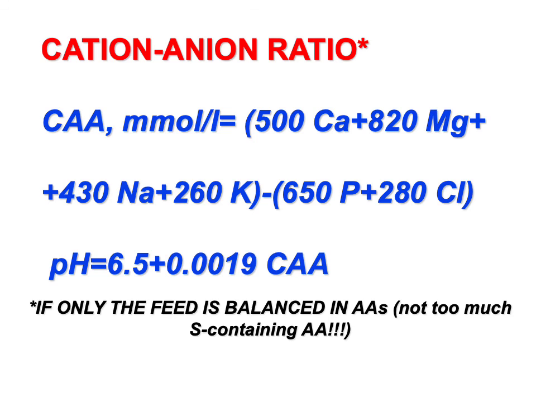And the pH equals 6.5 plus 0.002 times the cation anion ratio. The equation is valid only if the feed is balanced in amino acids. Not too much sulfur-containing amino acid can be present, because in this case it is more acidic.